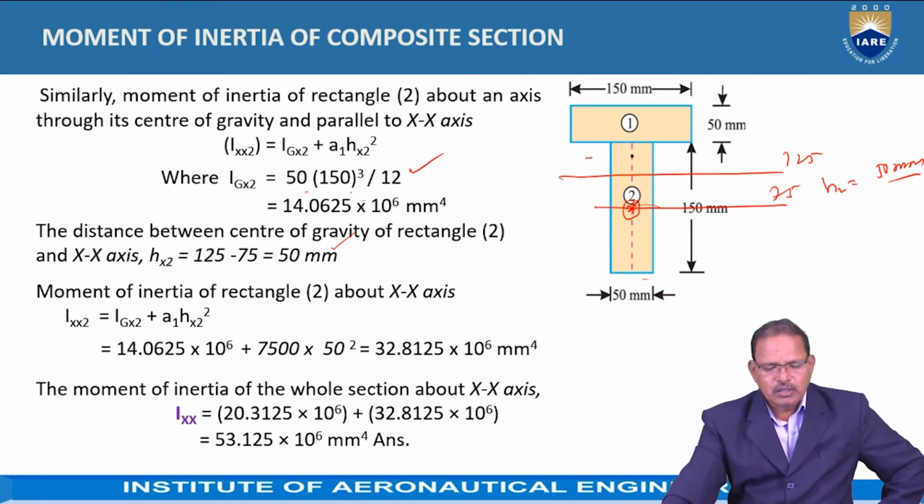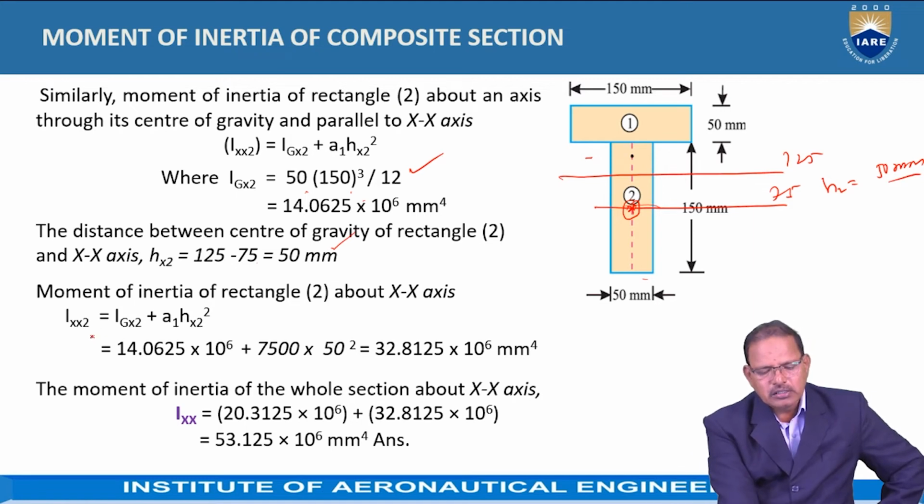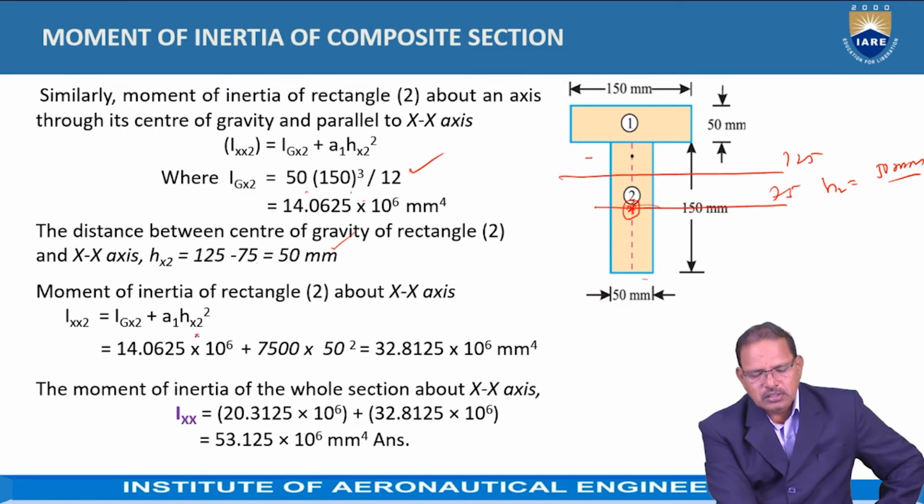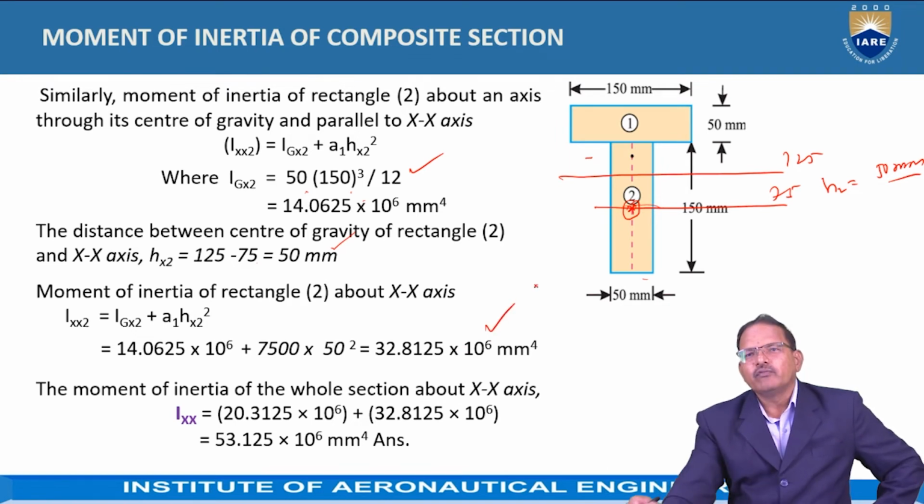On substituting, IXX2 is equal to IGX2 plus A2 HX2 whole square, which is equal to 14.0625 into 10 to the power of 6 plus 7500 into 50 square, which is equal to 32.8125 into 10 to the power of 6 mm to the power of 4.